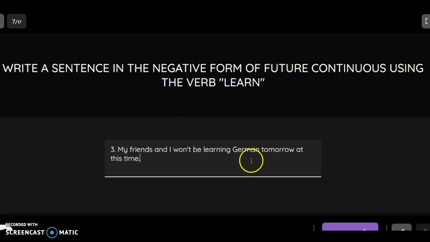My friends and I won't be learning German tomorrow at this time. Probably not. Check your answer. And if your sentence doesn't have won't be learning, you need to correct that, okay? This is the most important part of your sentence.